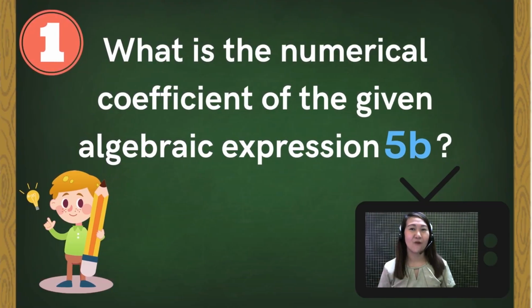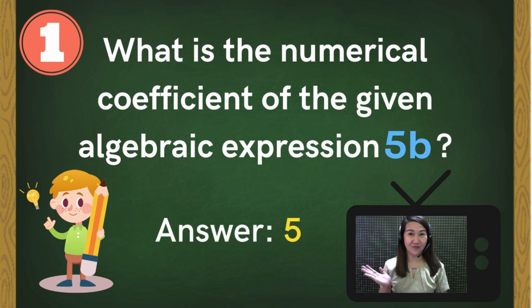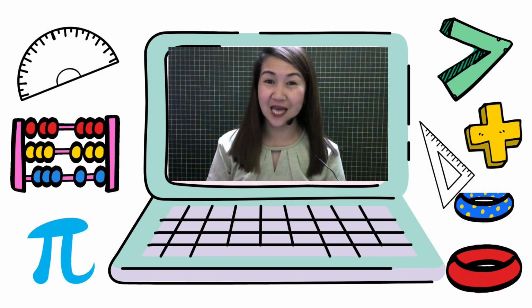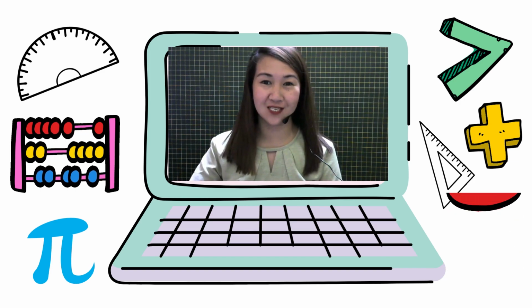Are you ready? For question number 1, what is the numerical coefficient of the given algebraic expression 5b? If your answer is 5, you are correct. Great job! Now it's your turn. I will give you 15 seconds to answer this question.